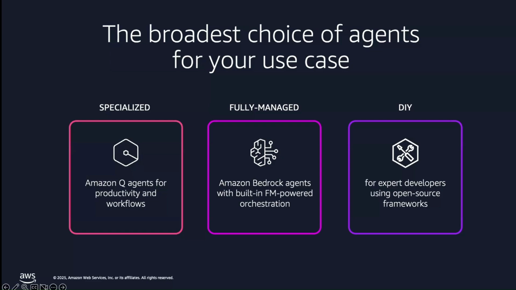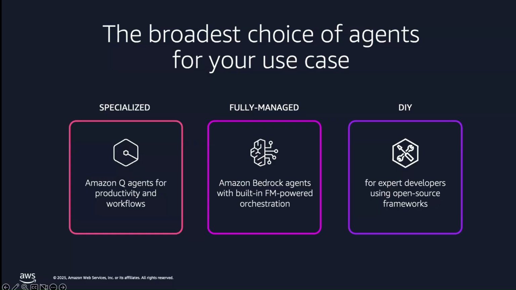With specialized agents, almost everything is managed, and the agents are built in. Think of known services like Amazon Q, which helps you improve developer productivity, and we'll talk about it shortly. Then there is fully managed, which gives you the choice of models, like Amazon Bedrock Agents.